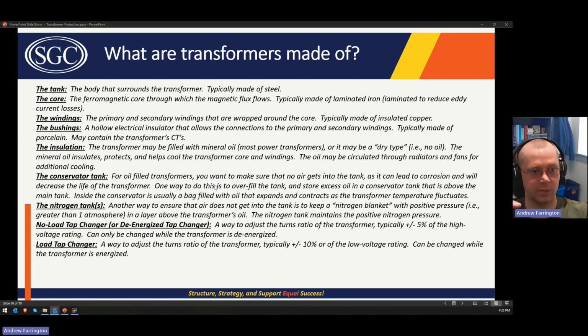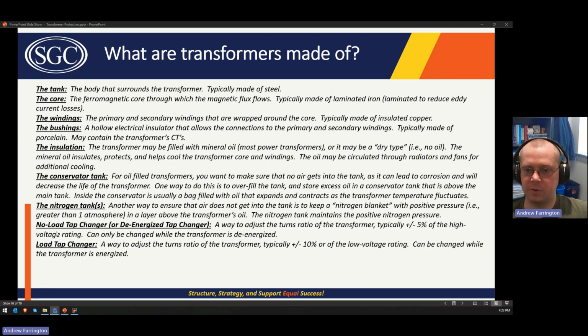And so then as the oil expands, it just increases the pressure in the nitrogen, and maybe some leaks out, but you always maintain that positive pressure on the nitrogen blanket above the oil.